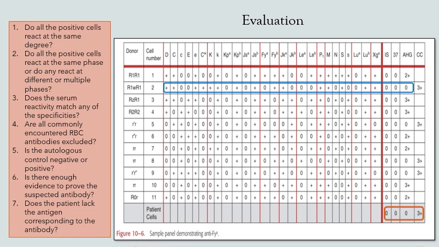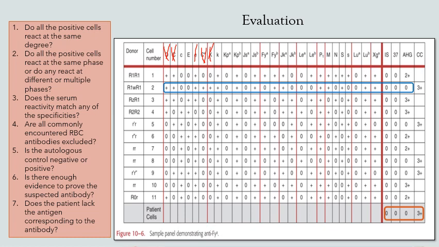So, we will exclude D, large C, small e, CW, okay, we will not exclude Shalano because this shows dosage.